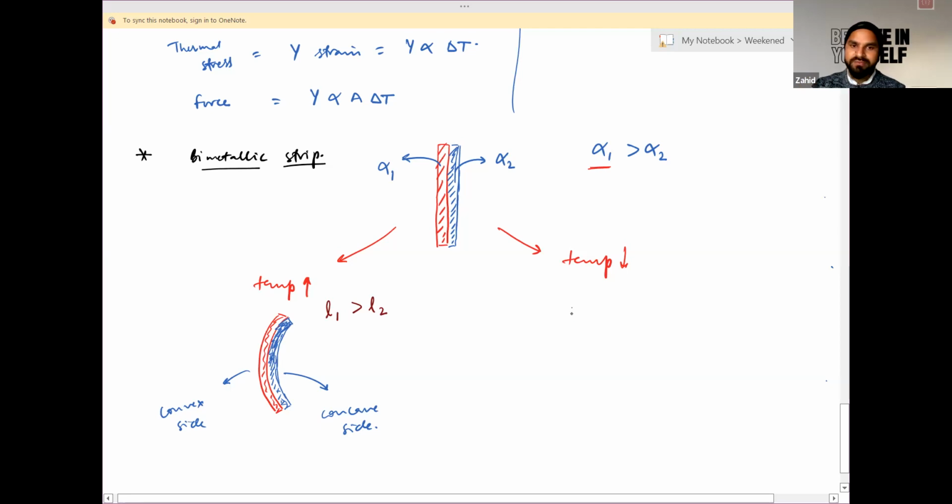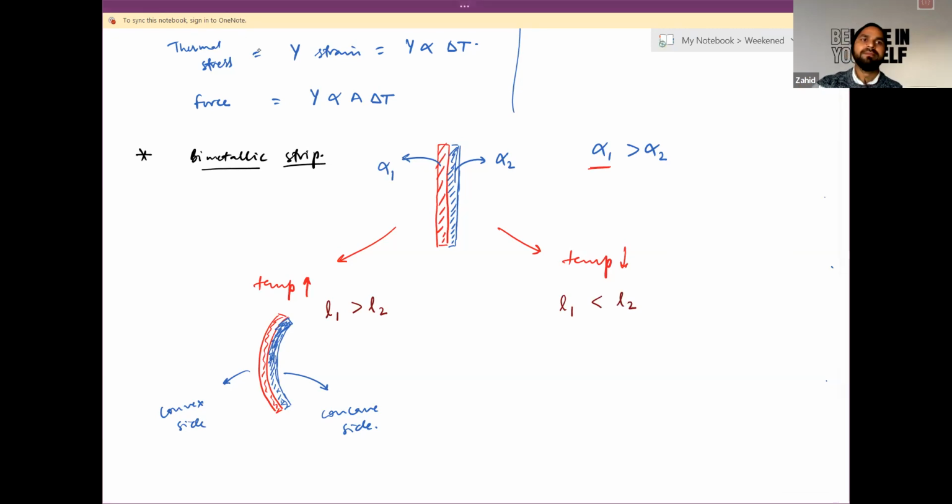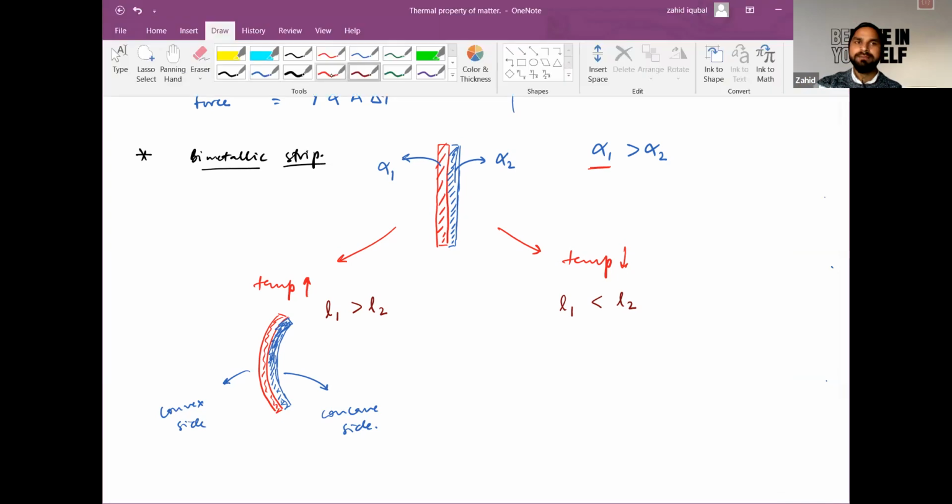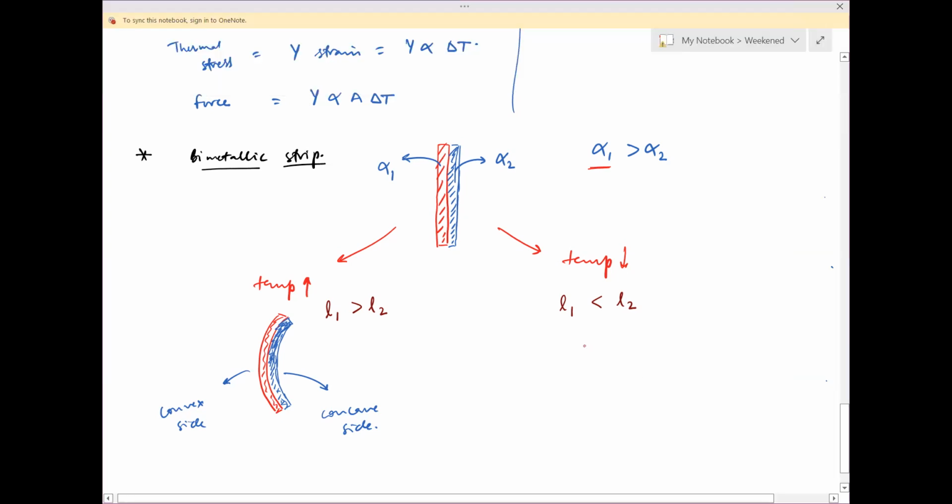So L1 will be lesser compared to L2. So red will go towards the concave side and blue will go towards the convex side. Mamuna, is it clear? Yes, sir.